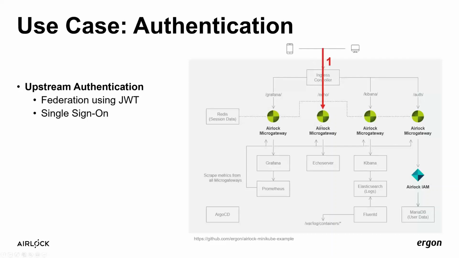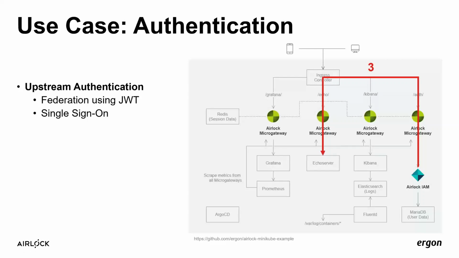A user wants to access this echo server, and the Airlock Microgateway will then see the user is not authenticated, and the user will be redirected to Airlock IAM, where the user must enter his credentials.